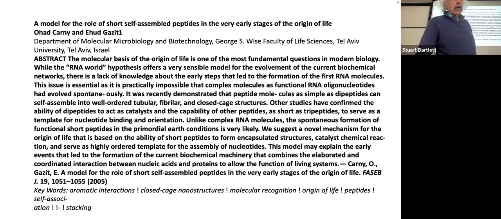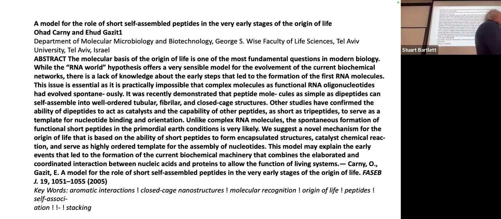Now, I just want to make one final statement, which has to do with peptides and how they may or may not have been involved in the origin of life, and how there is now an experimental system that has to be developed to test these hypotheses.